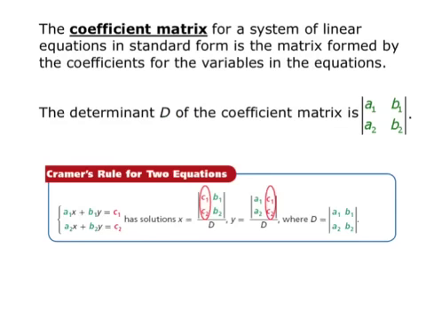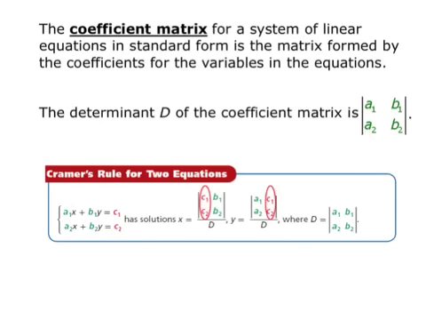The coefficient matrix for a system of linear equations in standard form is the matrix formed by the coefficients of the variables in the equations. The determinant of the coefficient matrix is a1 b2 minus b1 a2. That's your determinant.